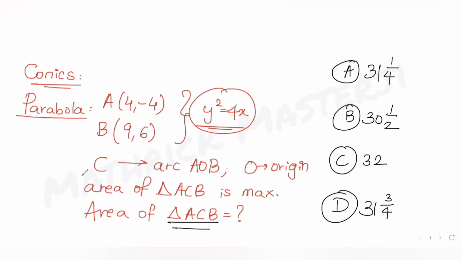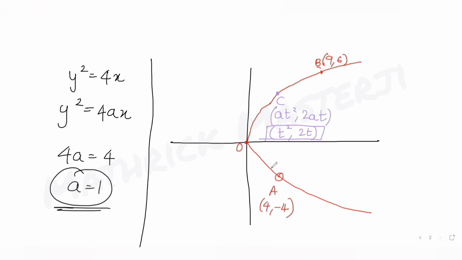Now we have to find the area of triangle ACB, which should be maximum. So if I form a triangle with these coordinates A, B and C, this is how my triangle looks.